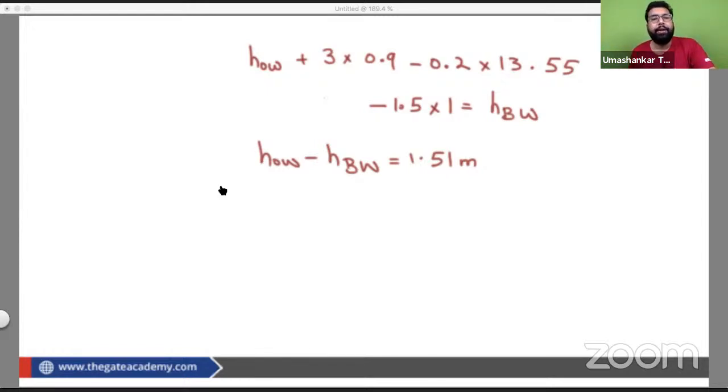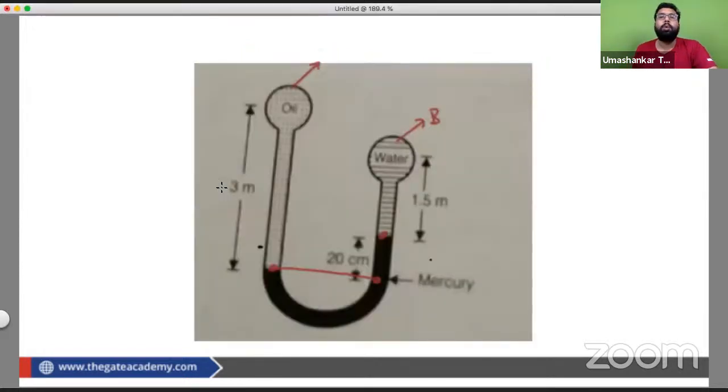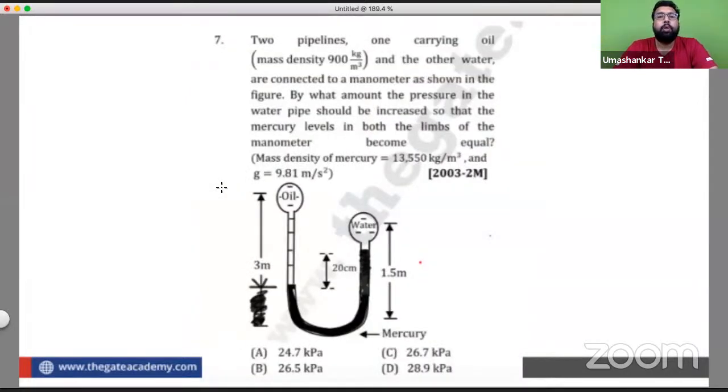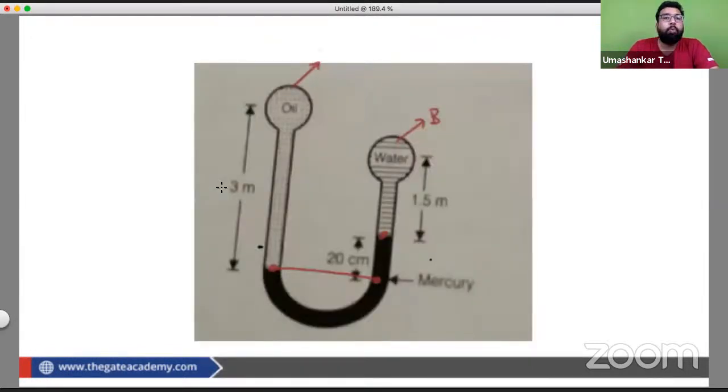Very nice. Now, what are they asking us to do? Read the question. By what amount should the pressure in the water pipe be increased so that the mercury level in both the limbs becomes equal? First of all, they are asking you to increase the pressure in the water. That means they want us to keep the pressure in the oil pipeline the same as the previous case.